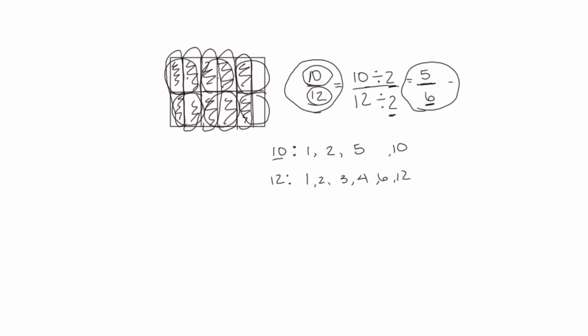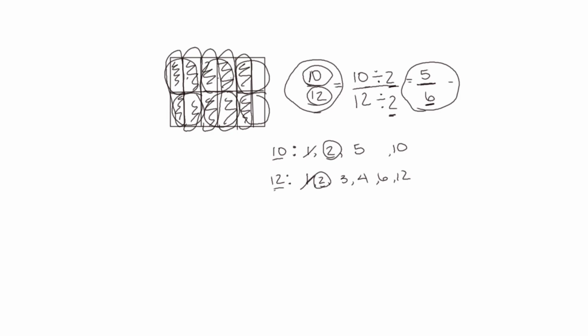So every number has 1 as a factor, and dividing by 1 doesn't do us any good because we end up with the same number. So we forget about the ones that are common. And then we look at, given the factors that are left, which ones are common, or are listed in both sets of factors. So we see we have 2 here and we have 2. 5 is only on one list; 1, 3, 4, 6, 12, and 10 are only on one list.